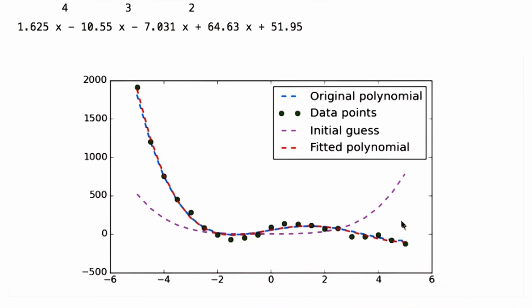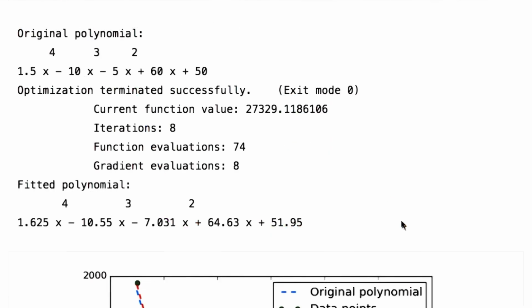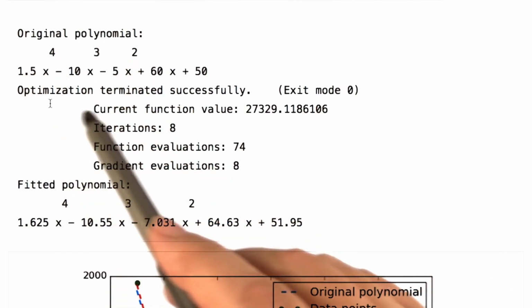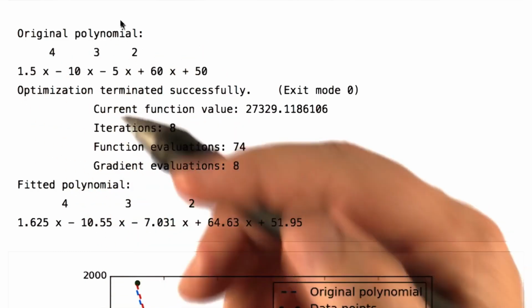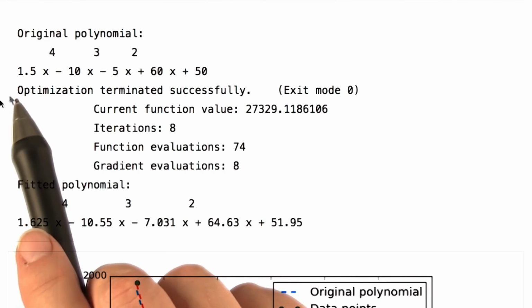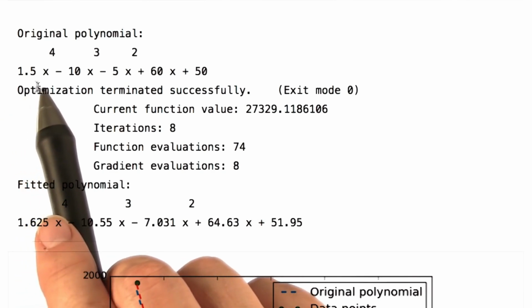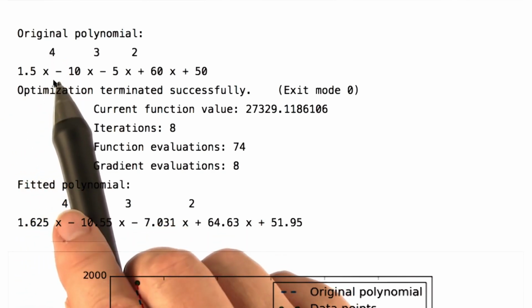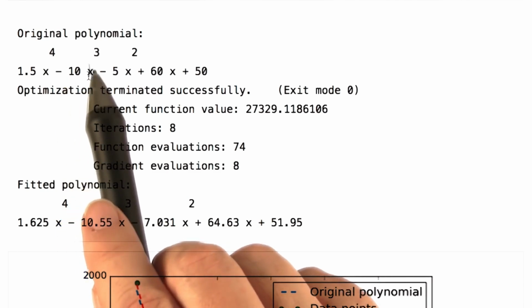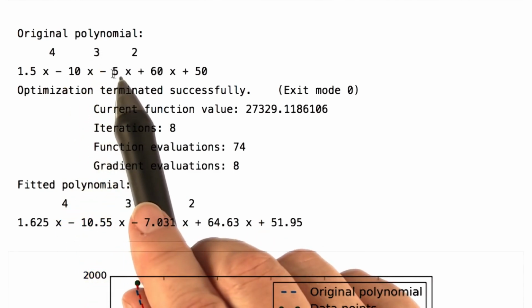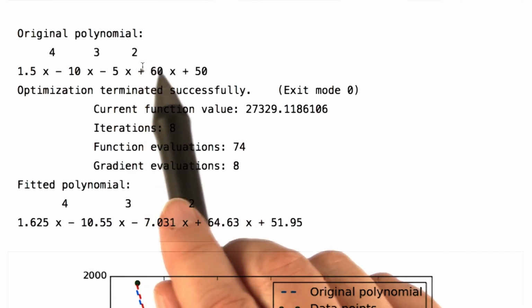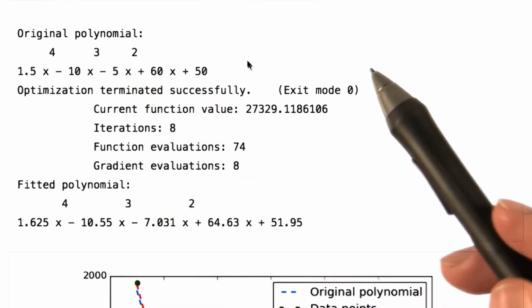So let me show you a little more detail. Here is output from our program. This is our original polynomial. It prints it in kind of a weird way. Our original polynomial is 1.5x to the fourth minus 10x to the third minus 5x squared, and so on.